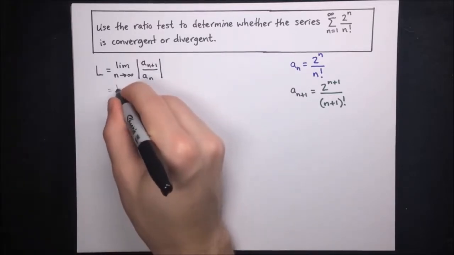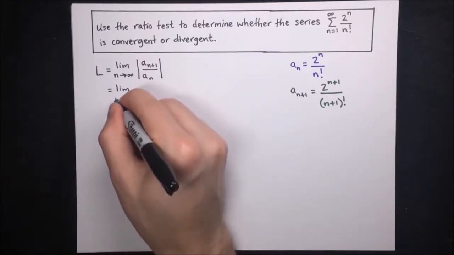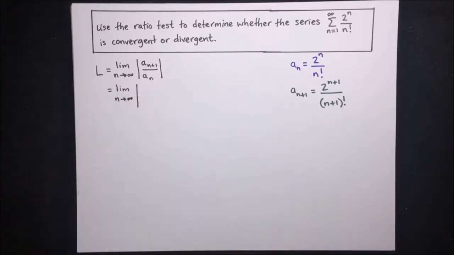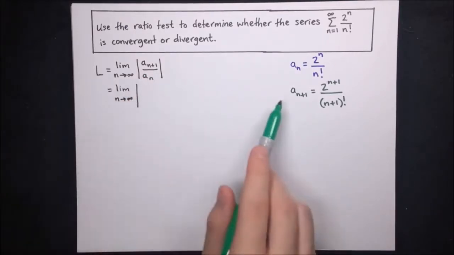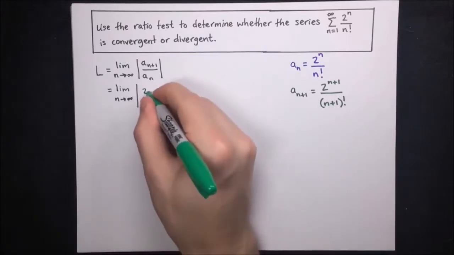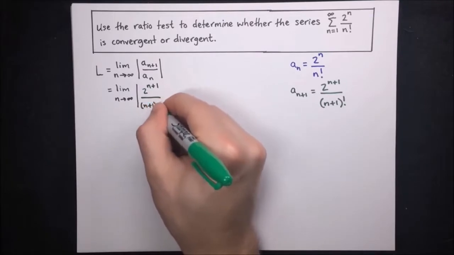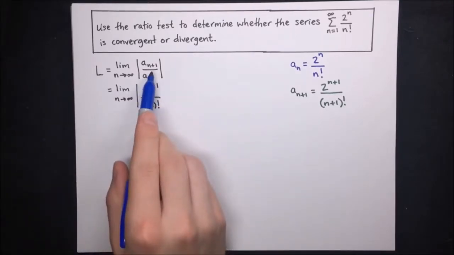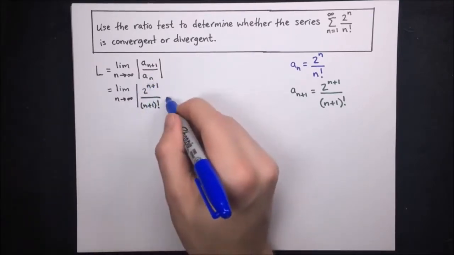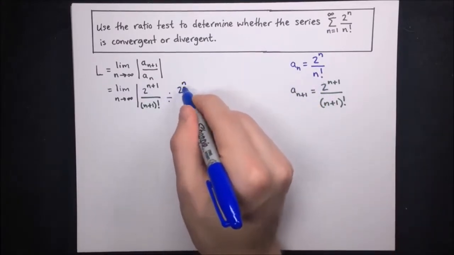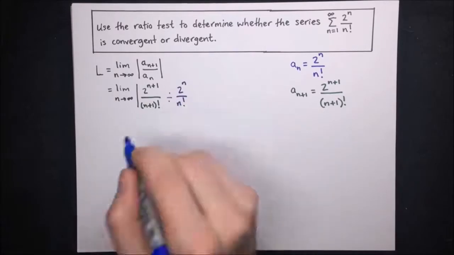It's the limit as n approaches infinity of the absolute value of a_(n+1), right here, 2^(n+1) over (n+1) factorial, divided by a_n. So divided by this expression here, 2^n over n factorial.